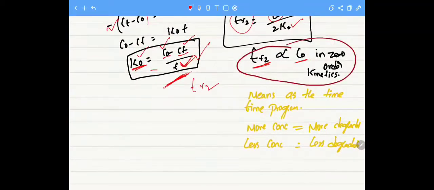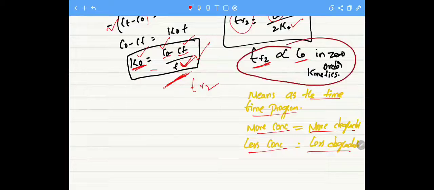Means what? Means as time progresses, if the concentration is more, more degradation will be happening. If the concentration is less, less degradation will be happening in case of half-life of zero order kinetics.